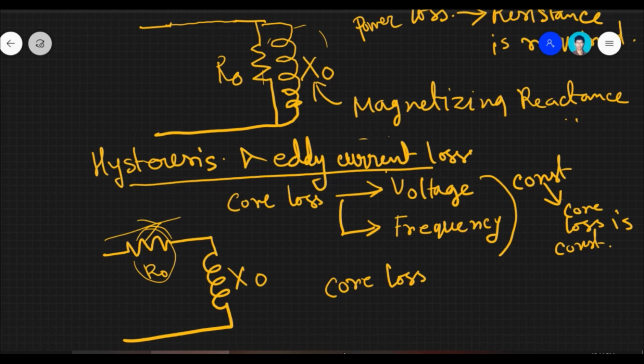But in reality, core loss remains constant, and that is why sometimes we call it constant loss, because as long as you keep your voltage and frequency constant, core loss also remains constant. And that is why we should understand that it cannot be placed in series with our magnetizing reactance.